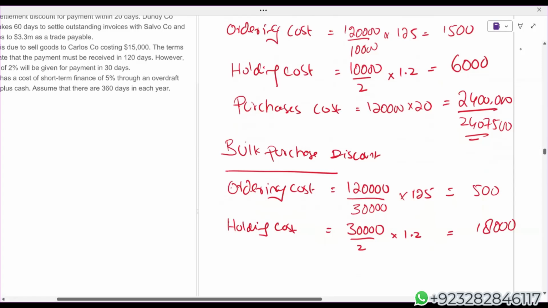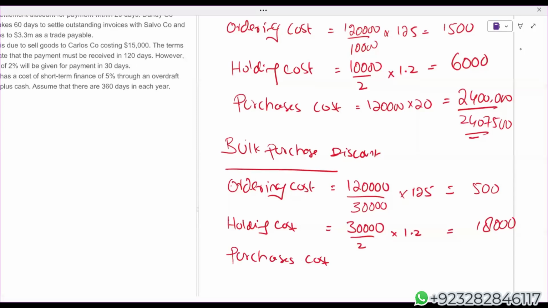Purchases cost. Annual demand is 1,20,000. Earlier we were getting one unit for $20. Discount is 0.75. Now listen, 100 minus 0.75, I'll get 99.25.